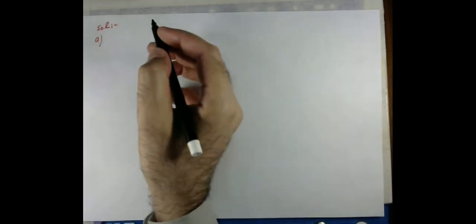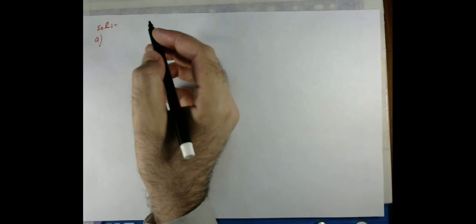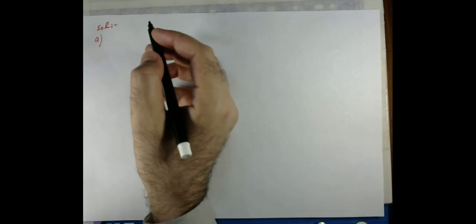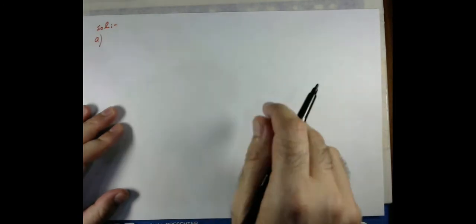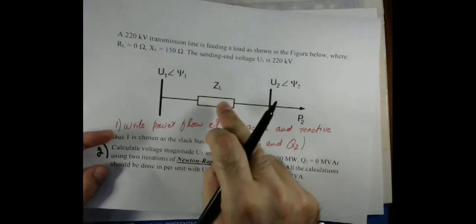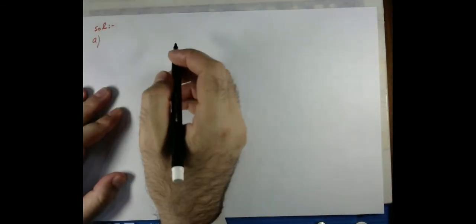So we know that to write power flow equations we need the admittances. So for admittance, we have to first convert the given impedance into the admittance. So let me first find the admittance matrix, because that is the first step. You know that quite well.